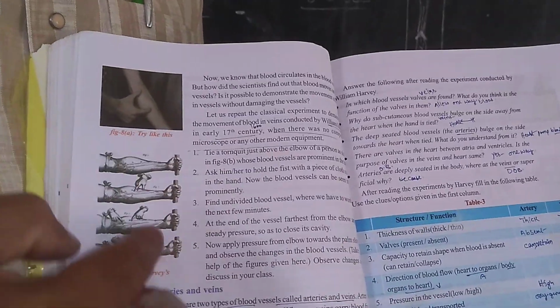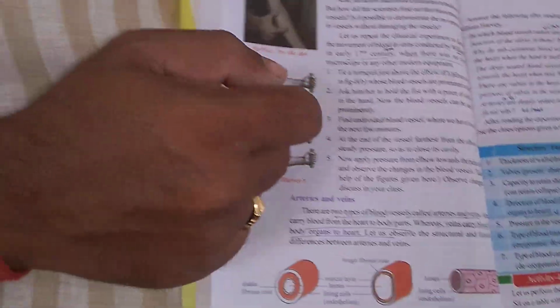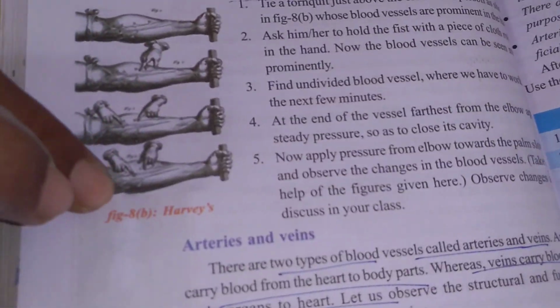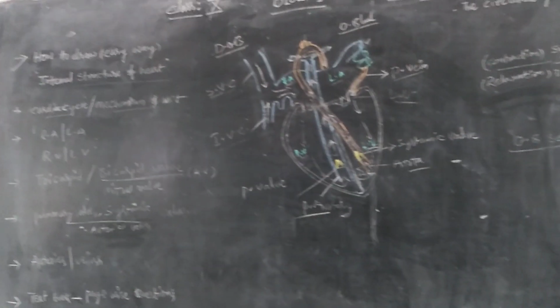This is the activity done by William Harvey. What did he do? He tied the hand with a hard substance. For example, see.